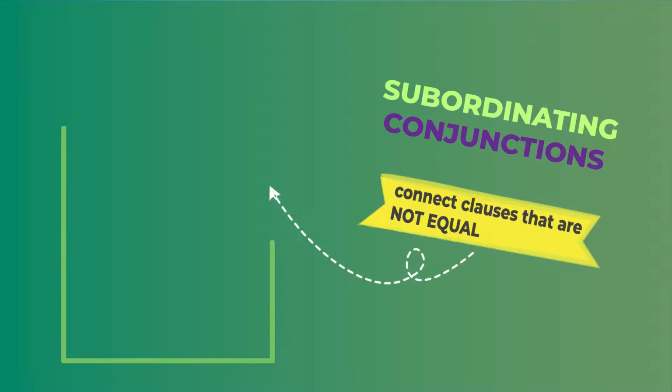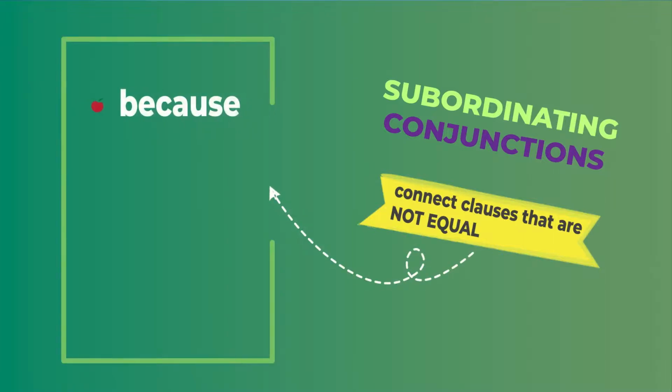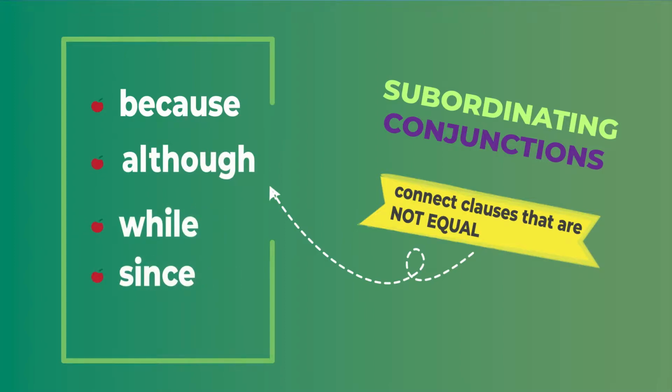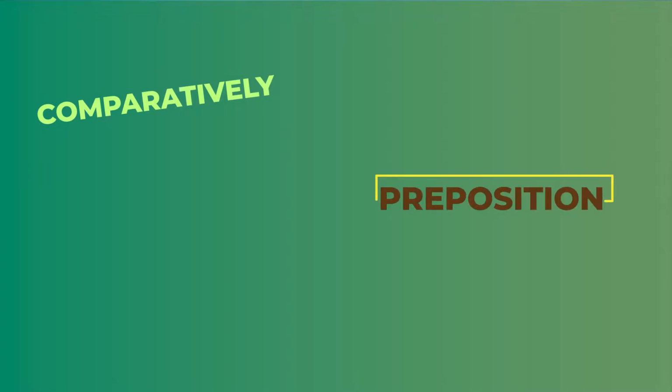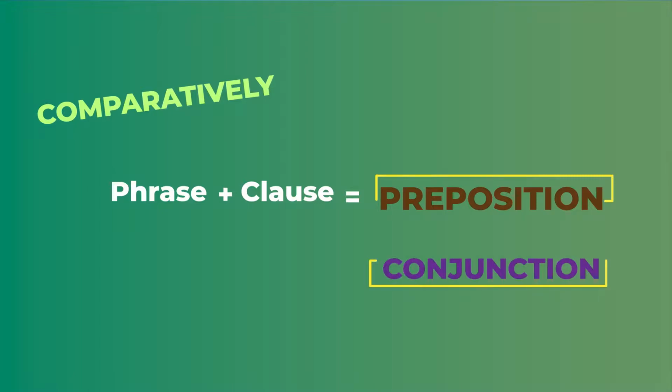They are because, although, while, since, etc. There are other types of conjunctions as well. Comparatively, a preposition connects a phrase and a clause, whereas conjunctions connect a clause and a clause.